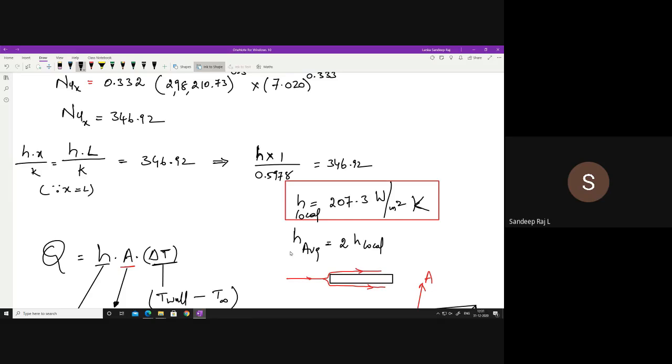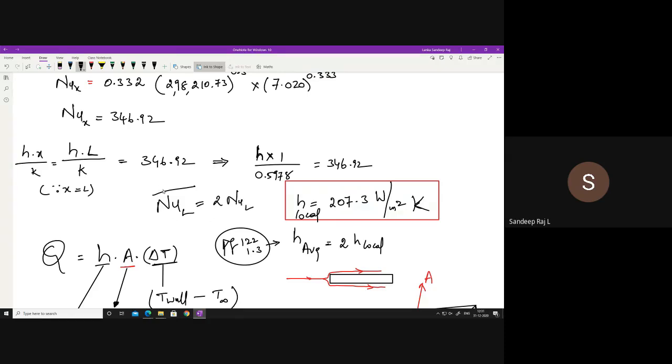Okay, how do we get this? This is from page number 122, 1.3. From this concept, you will get this formula, because NU bar is equal to 2 times NU. The remaining things will get cancelled.